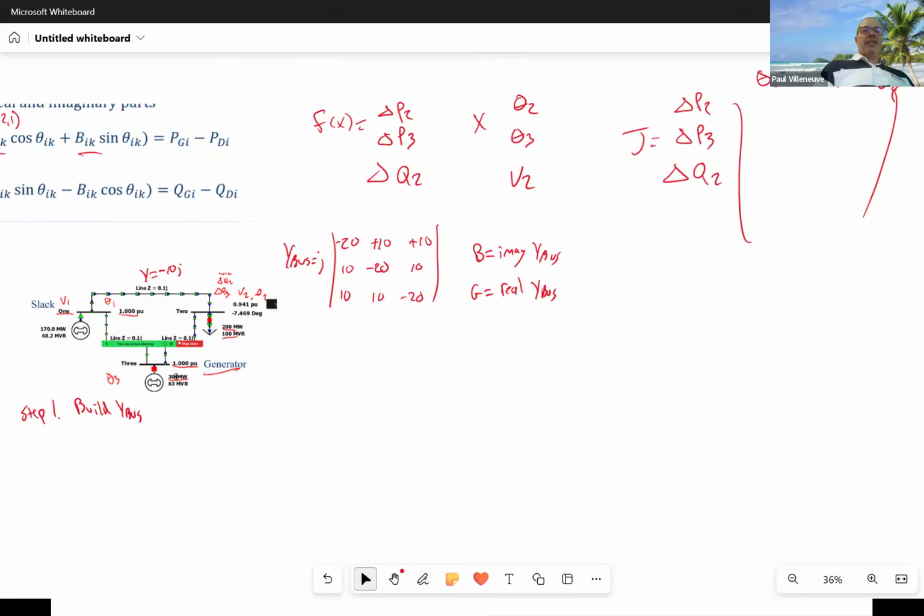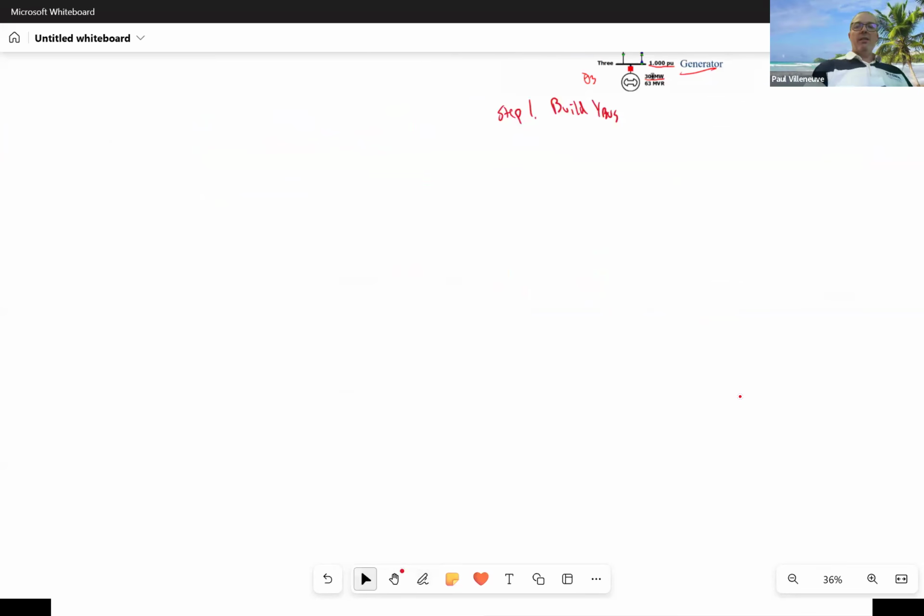So my next step, and I kind of wrote it out, for step 2, is determine f of x's and the x's, right? What equations you need to write and what variables you need to solve for.